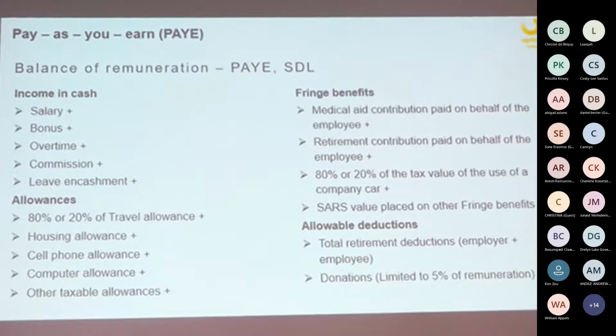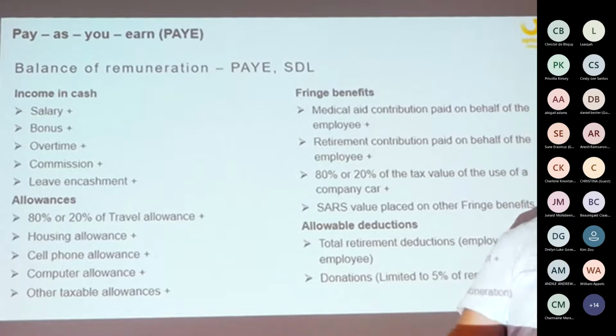SARS will not accept any claims against the travel allowance or the use of a company car if there are not clear records kept. In those records, you need to record your total kilometers, your private kilometers, and your business kilometers. Then you work out the percentage of your business kilometers.